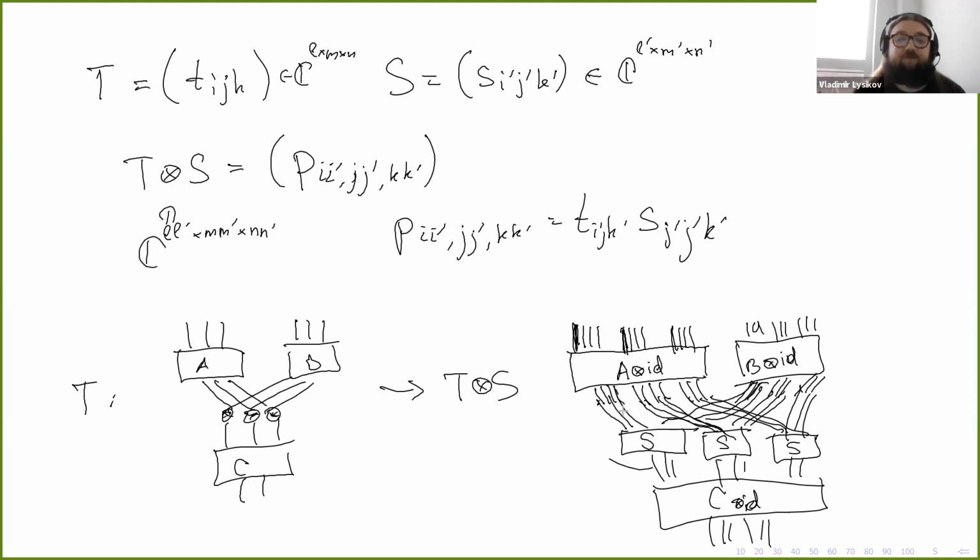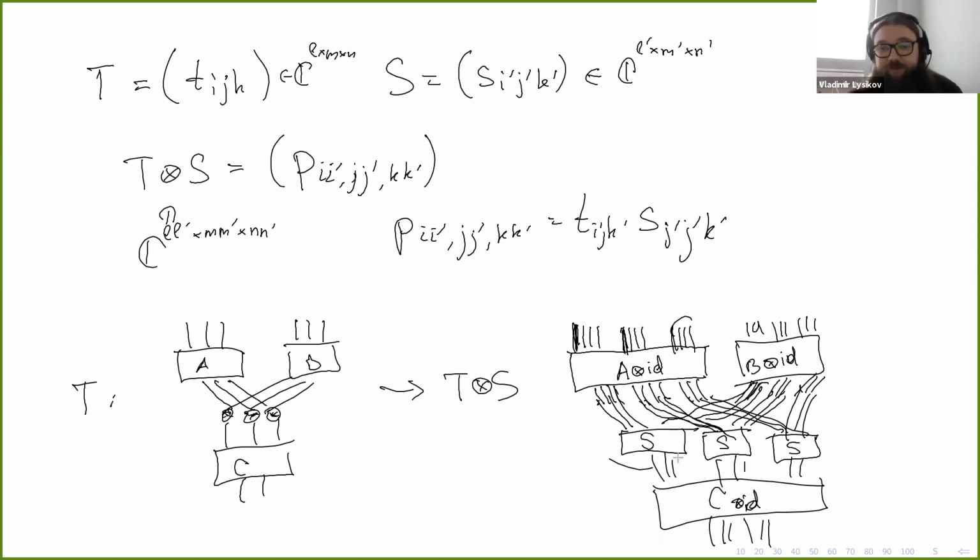For example, matrix multiplication, block matrix multiplication. A block matrix consists of blocks, and the outer structure is that we can multiply block matrices by multiplying blocks in the usual way.